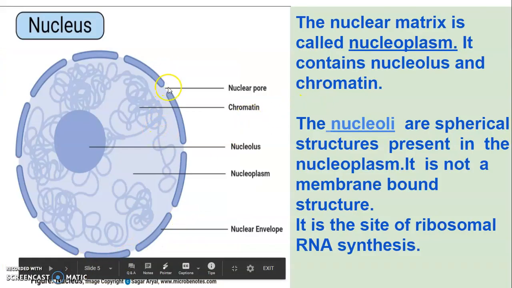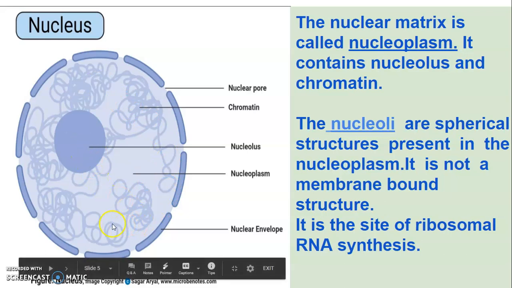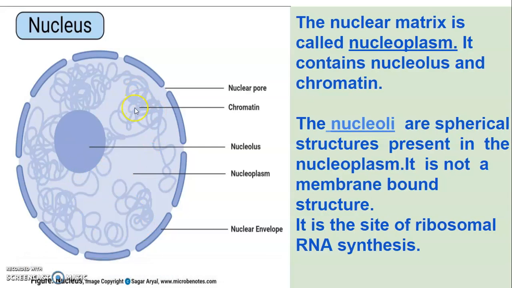Now, we have learned about the nuclear membrane. The next part is the matrix inside the nucleus. The nuclear matrix is called nucleoplasm. This nucleoplasm consists of a spherical structure which is called the nucleolus. It also consists of thread-like structures which are called chromatin.